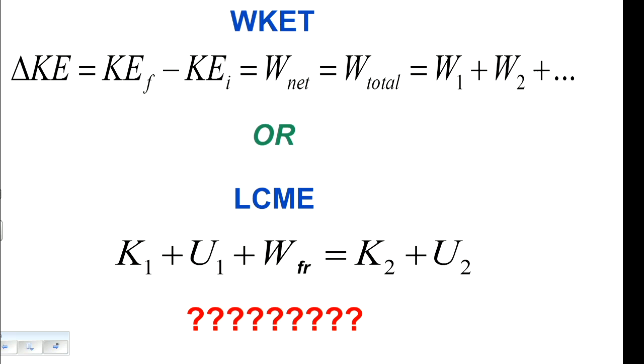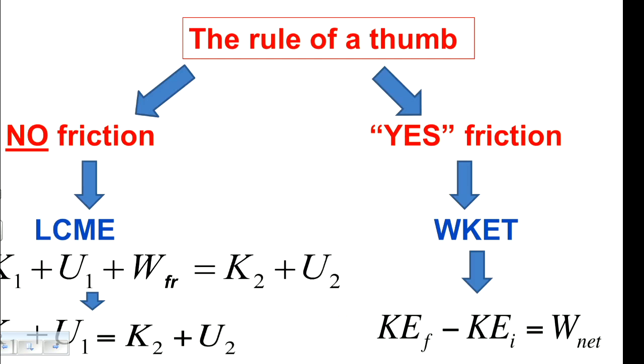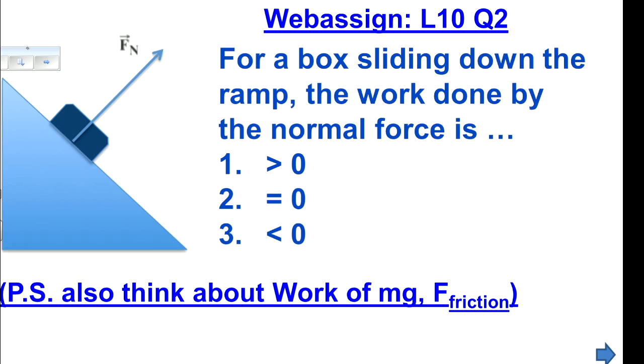Well, there is no special rule, but statistics shows that when the problem doesn't involve any friction, usually it's easier, kind of simpler to see what's happening if we use the law of conservation of mechanical energy. But when friction is involved, in that case, like we just did, it turns out kind of easier to process the problem using work kinetic energy theorem. But again, it is completely up to you.